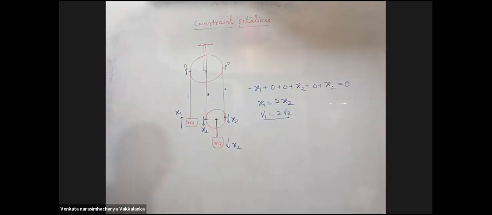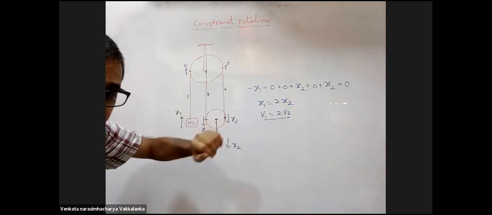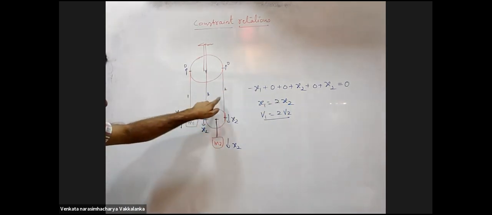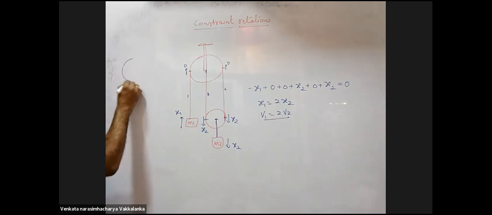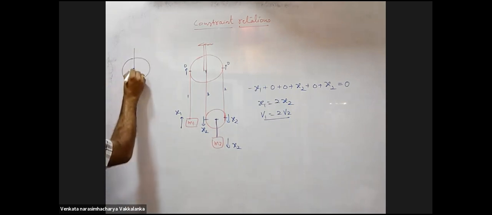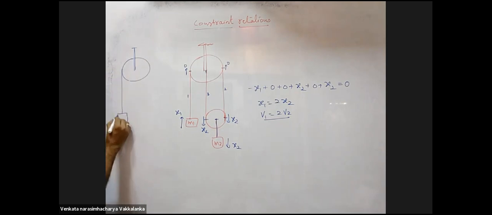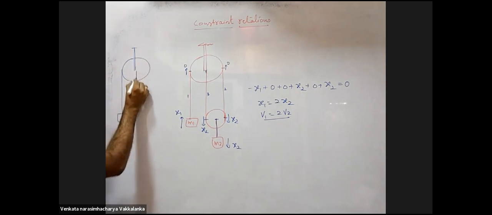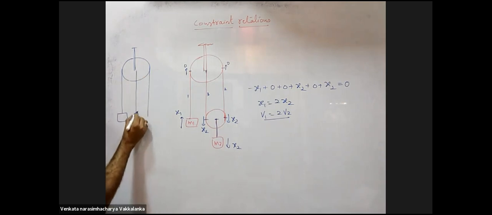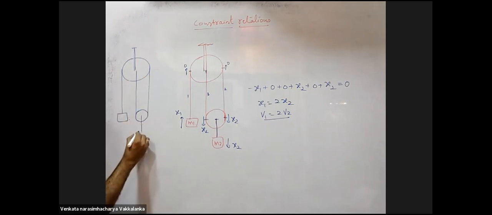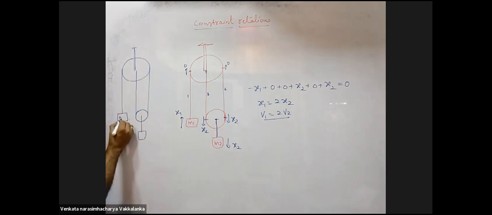Now, just as I explained the concept in the previous case, I'll explain this concept even here. Please observe this for once. Thereafter, I will not be dealing with that. This was M1, this was M2. This was the initial stage.